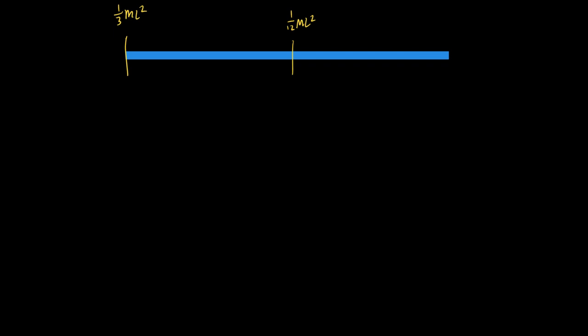But what if you want to do this one, or this one, or this one? For every single axis, it's a whole new integral. It has been shown that there is a formula that once you find one moment of inertia, you can apply it to a bunch of different points on your object. And it's called the parallel axis theorem.